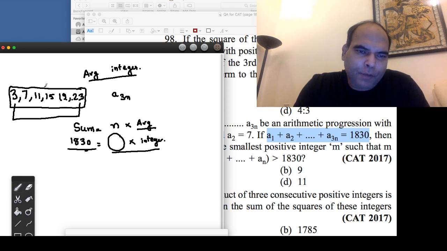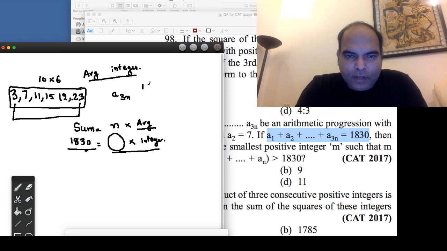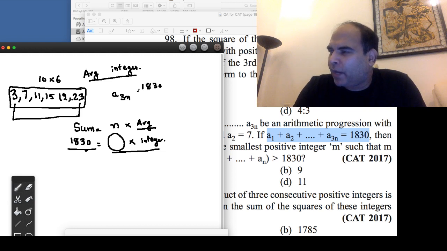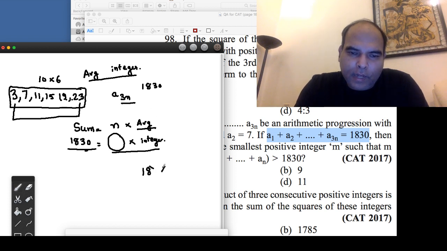Even approximately, the average will be 10 and 6 terms, so you're in the range of 60, 70. There is no way you're going to get 1830 at this point. So you know that you have to go a little bit ahead. To 20 terms, 18 terms, if you go for, you still realize that the average is too small. If you go for 18 terms, let's say 3n is 18, then you need an average of 100 plus.